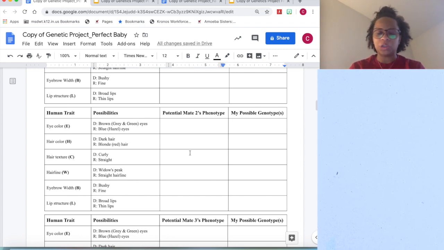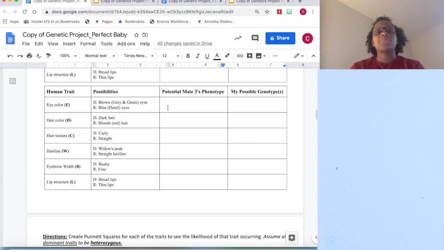Do you guys know who George Clooney is? I hope you guys do. So George Clooney will be my other potential mate, and I will look at his phenotype, and then I will get the genotypes. And last but not least, my last potential mate, let's go with Harry Styles, right? I'm going to look at Harry and look at what his phenotypes are and come up with those possible genotypes that he might be.